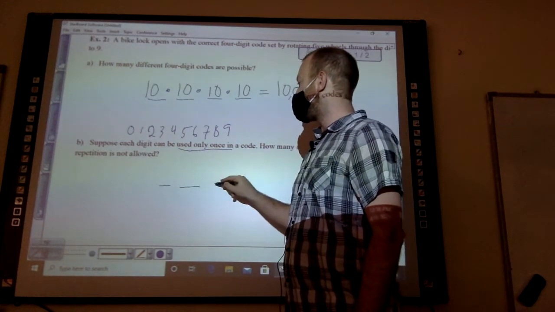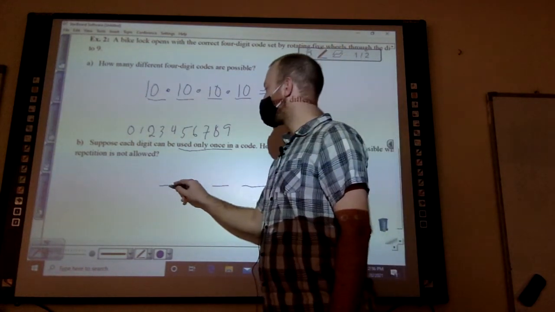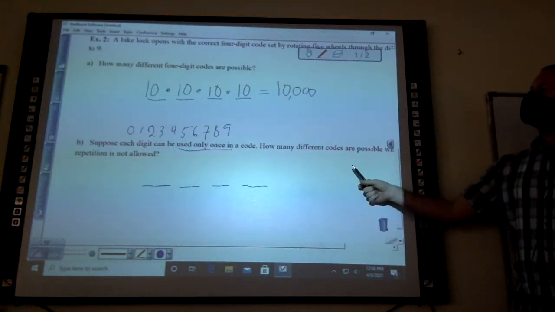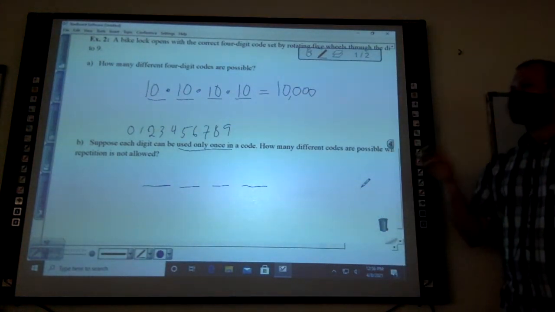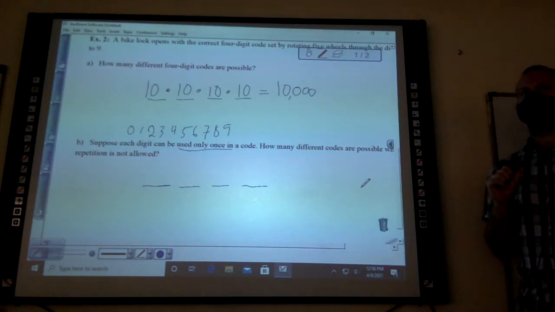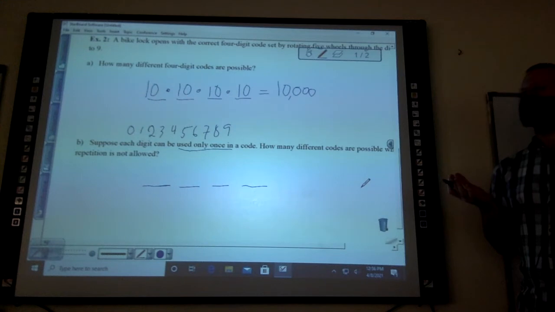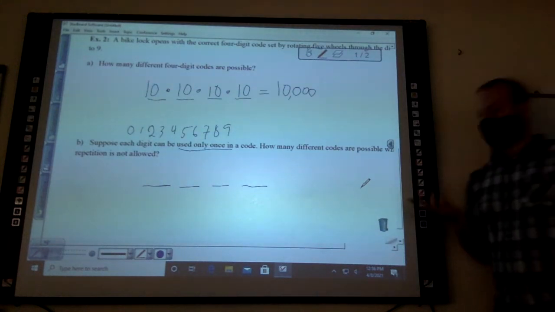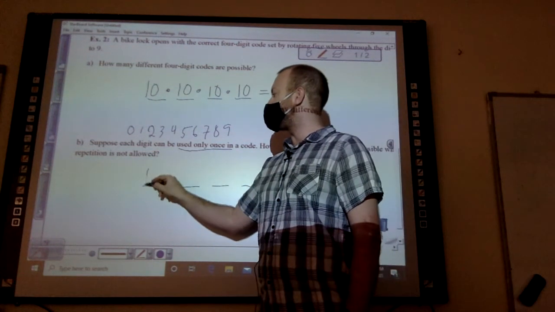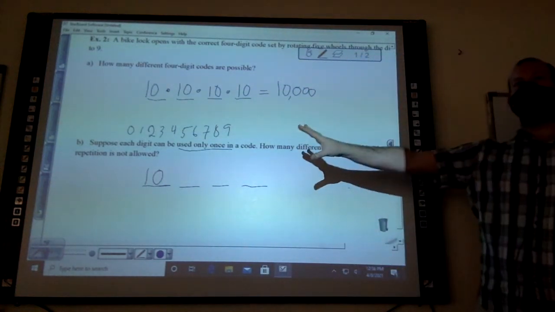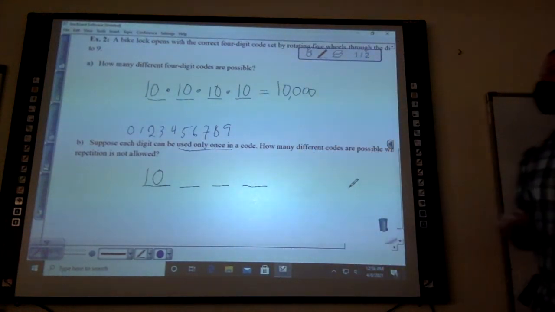Again, I've got 4 different digits. How many options do I have for the first number? Well, there's no restriction on the first number, so I could have any of those 10 digits. This is the number of options for that.